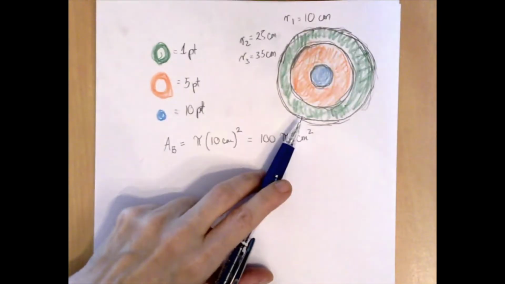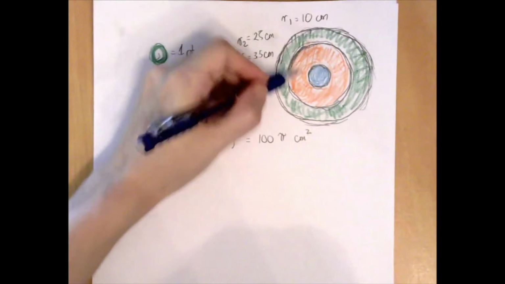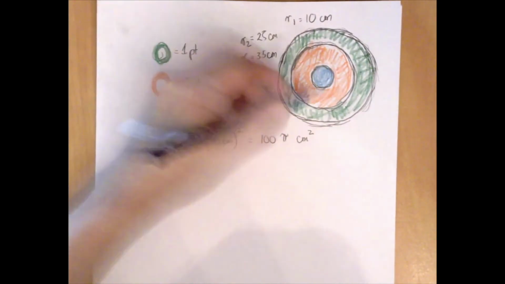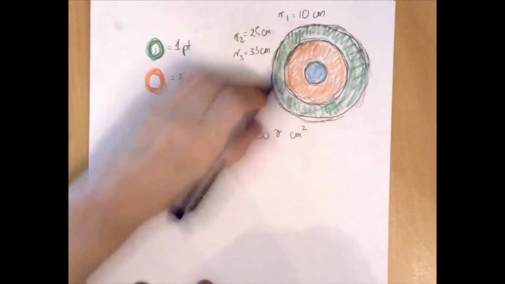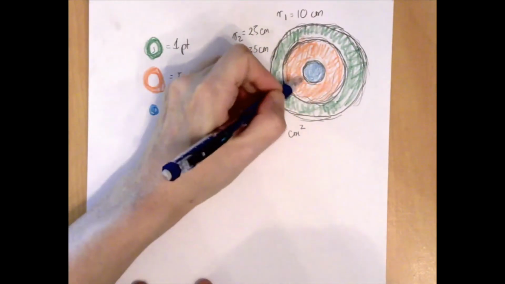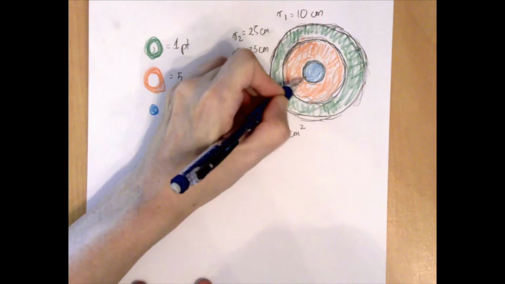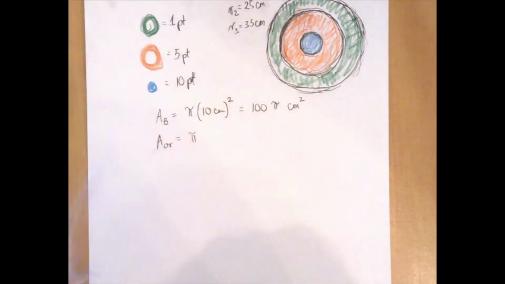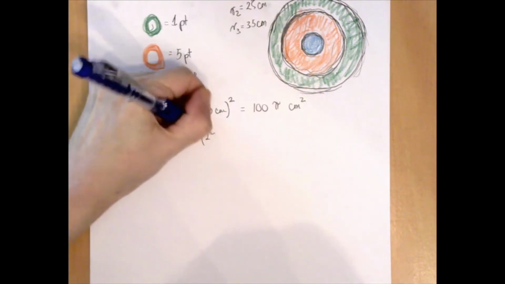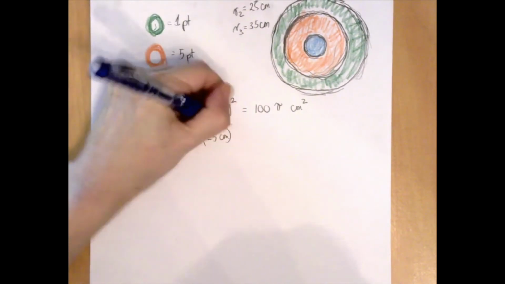The orange region is this little ring, and we can get its area by taking the area of the second circle and subtracting the hole that is the blue region. The second biggest circle has radius 25 centimeters, so its area is pi times 25 squared.